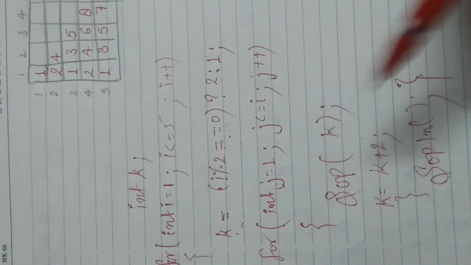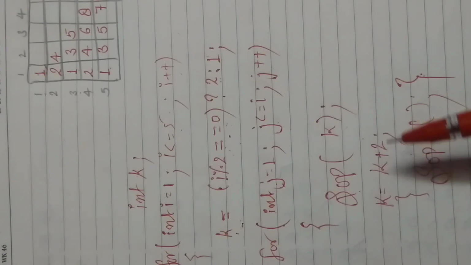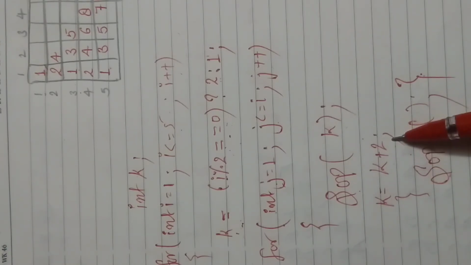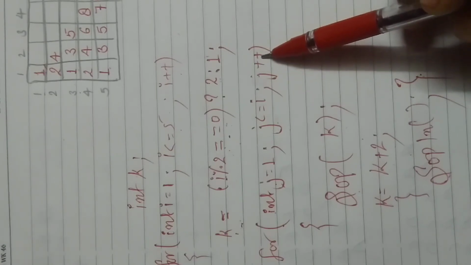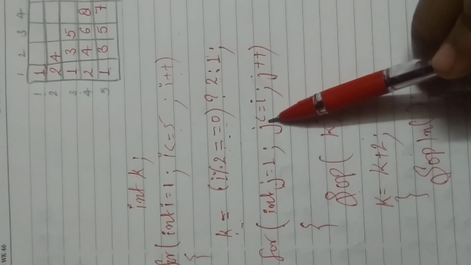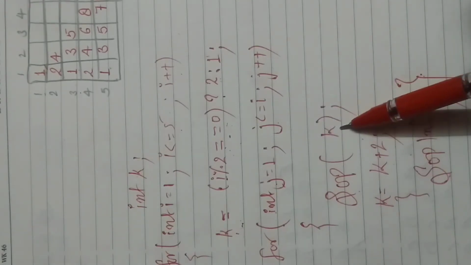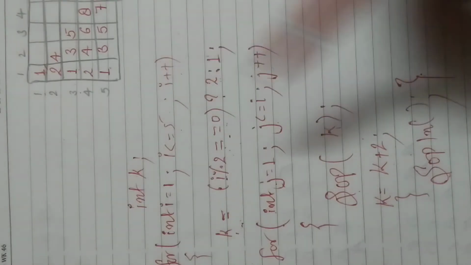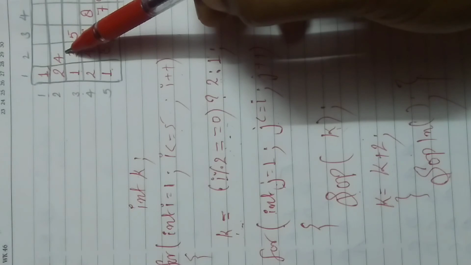After printing 2, control comes to the next line: K is equals to K plus 2, meaning 2 plus 2 is 4. After this, the J value increases; now J value is 2. 2 is less than equals to 2, this condition is true. Again it will print the K value, sorry, that is 4. So it will print 2, then 4.